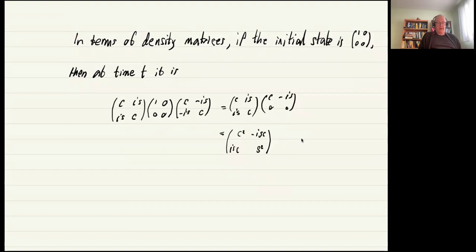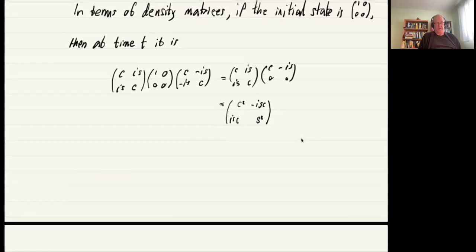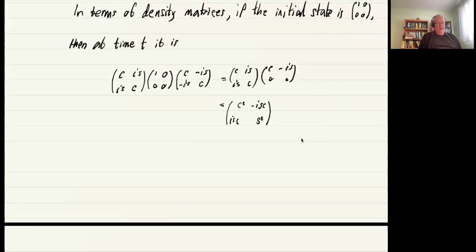So from this I could write down various things, but the point now is, if I take the time, I've got free choice at pi on 4, pi on 2, and pi.